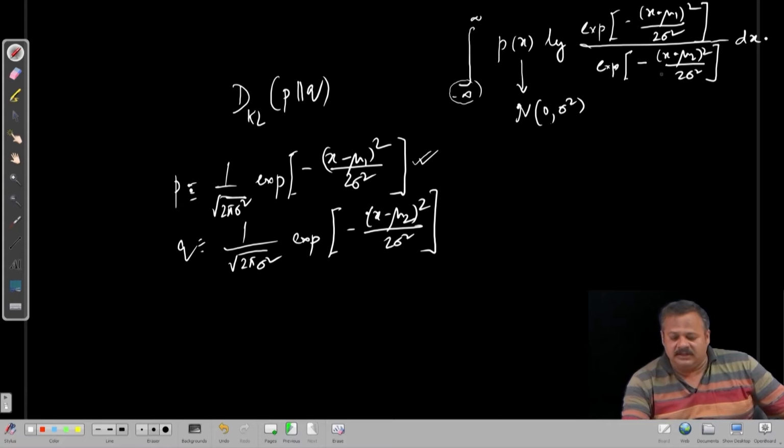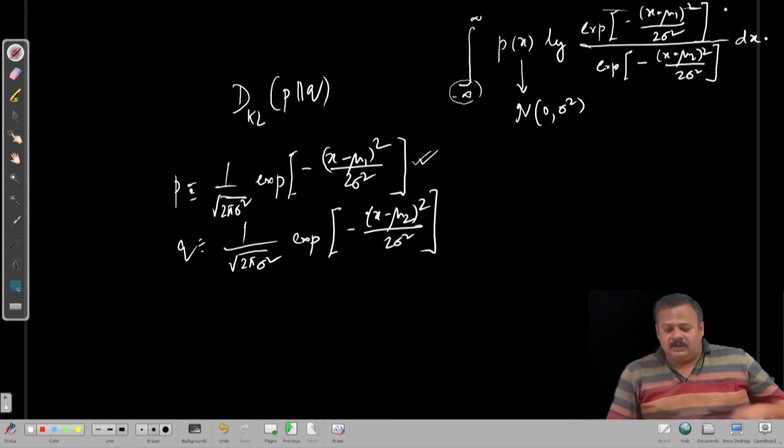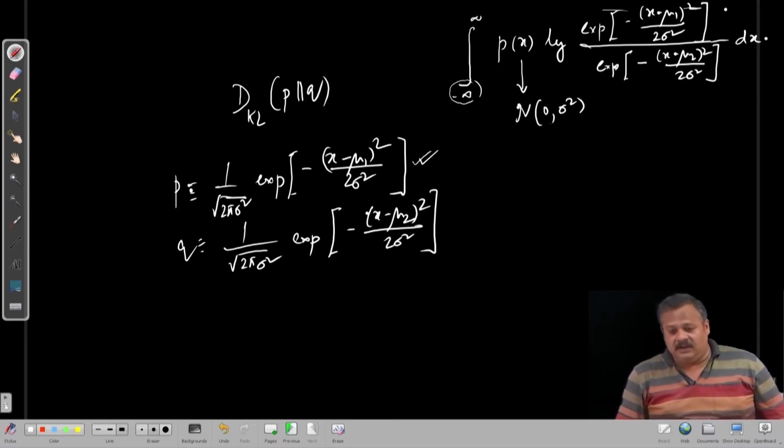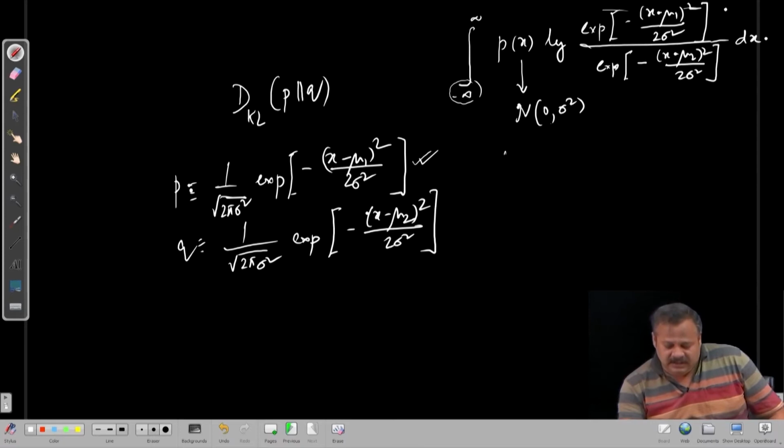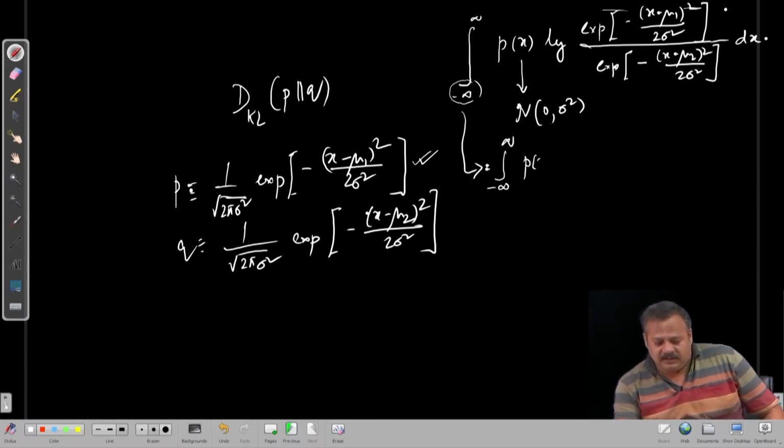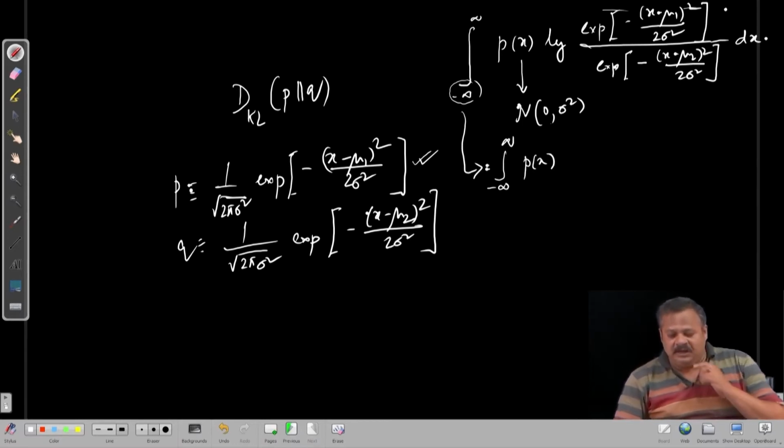Now if we look at this term, it is simply the difference of what we have in the exponents. So that is the integral from minus infinity to infinity of P(x), we are not writing it out fully.